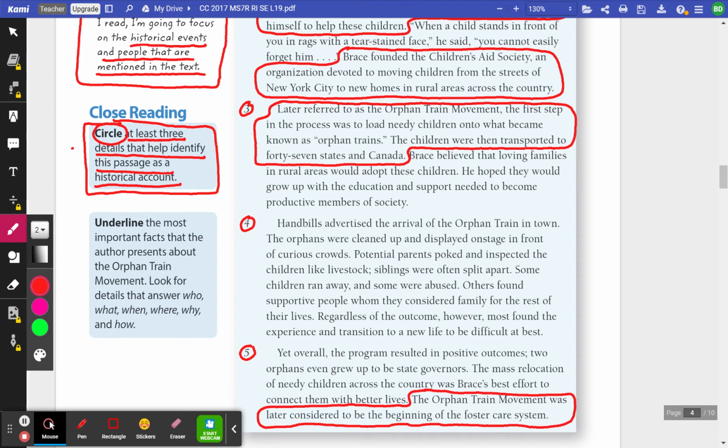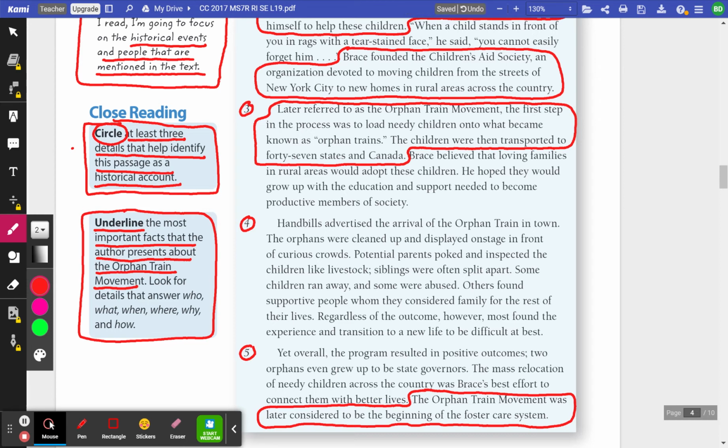The second close reading box says, underline the most important facts that the author presents about the orphan train movement. So we're looking for the most important facts. Look for details that answer who, what, when, where, why, and how.